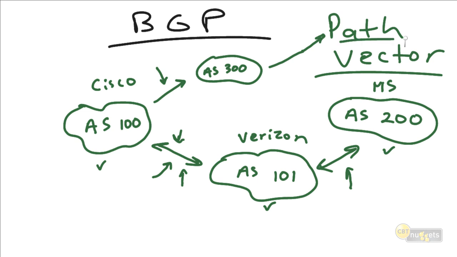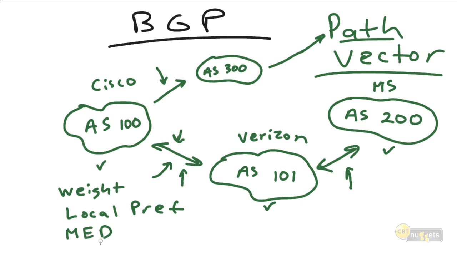So, when it comes to Border Gateway Protocol and choosing best paths, we have values like weight that can be used, local preference that can be used, the multi-exit discriminator that can be used. So many different values.